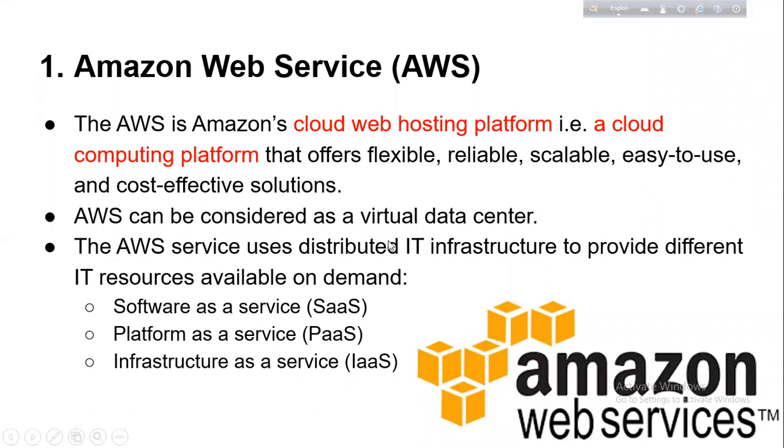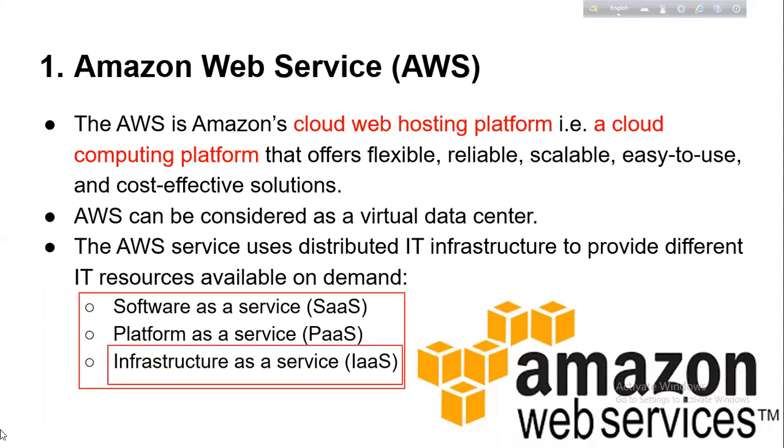The AWS service uses distributed IT infrastructure to provide different IT resources available on demand. Even though the data that I showed earlier was quite old, this is the recent one: even these days, they are providing all the services, software as a service, platform as a service, and infrastructure as a service, although this was not their focus in the early days.